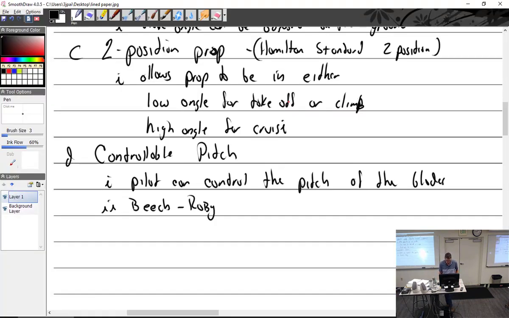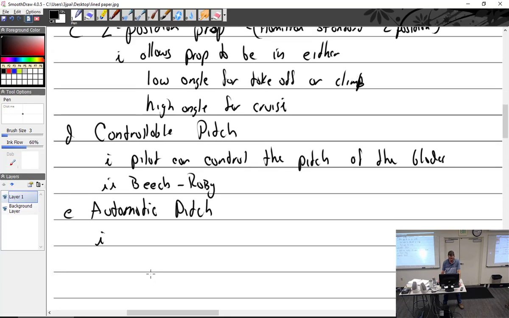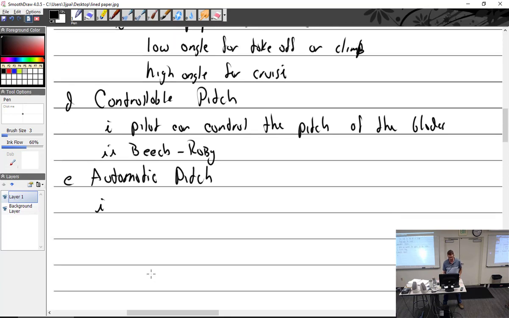So after the controllable pitch, we have a thing called an automatic pitch. This one is just bizarre. And I'm a little sore still. I had one and somebody walked away with it.